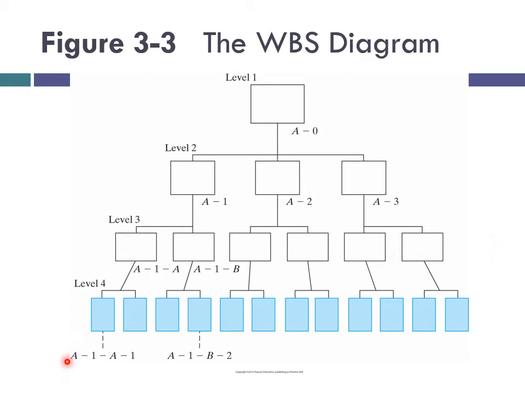And then we turn back again A1A1, A1B2, and so on. As you can see, this is an alphanumeric representation, and the number of characters here, as you can see, A1A1, so there are 4 characters. The number of characters represents the depth of the level.